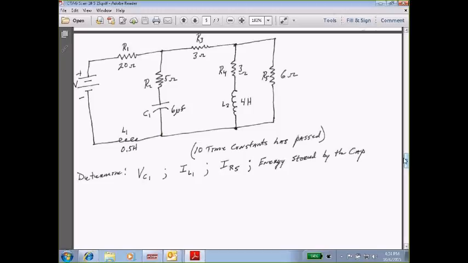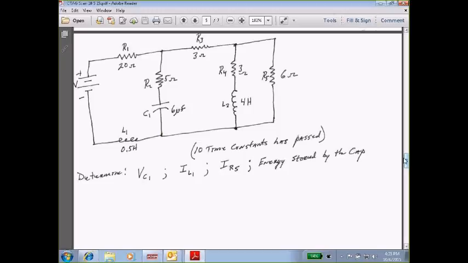So I've got 3 in parallel with 6. 3 times 6 is 18, divided by 3 plus 6 is 9. That would be 2 ohms. That 2 ohms is in series with R3, which is 3 ohms. So 2 plus 3 is 5 ohms.